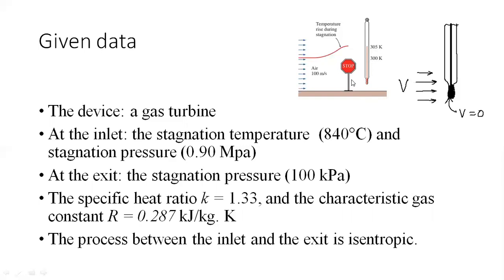Similarly, for a pressure measuring device, the pressure gauge or pressure sensor, the values given are stagnation temperature and stagnation pressure instead of the actual values, because the probes will display the stagnation properties instead of the actual properties.